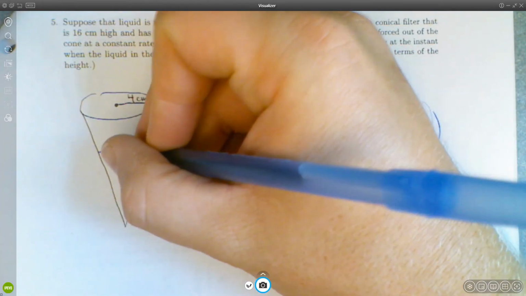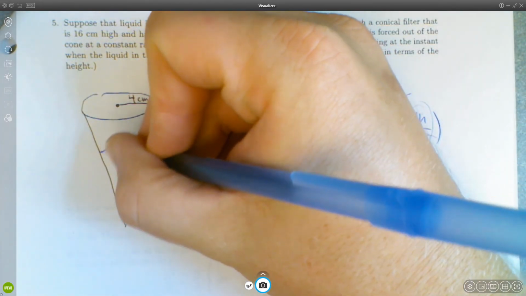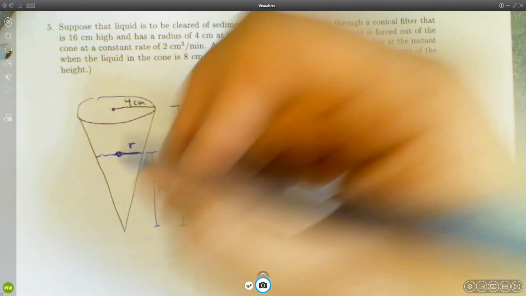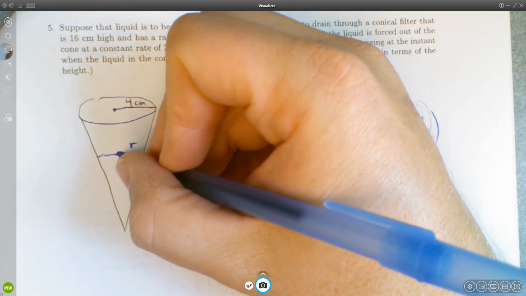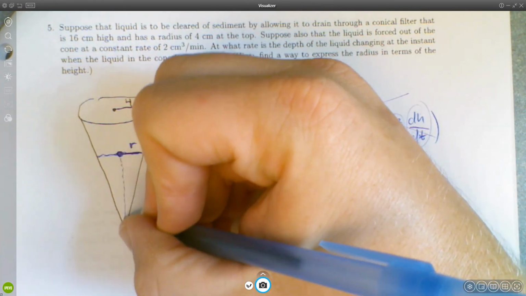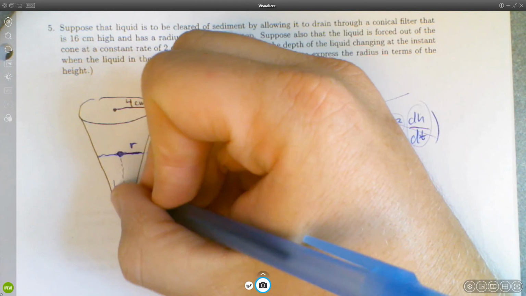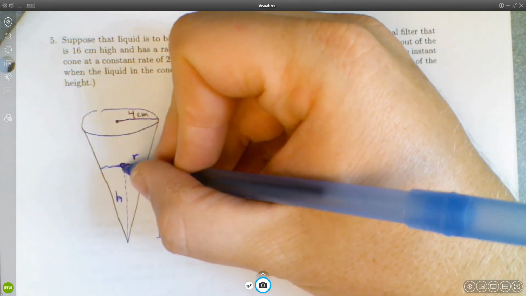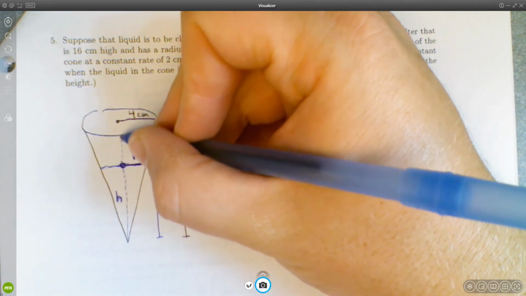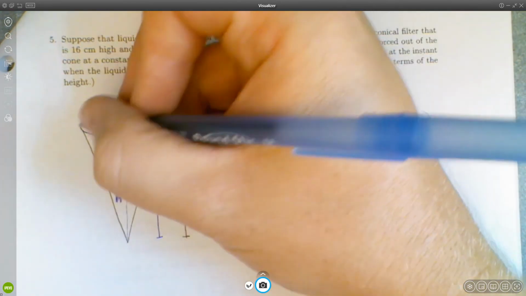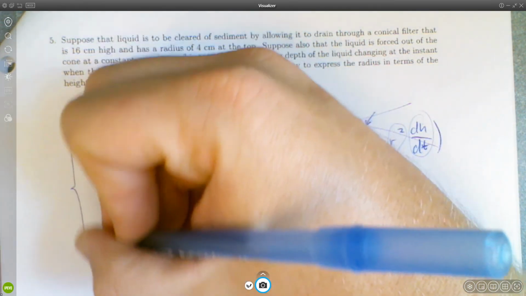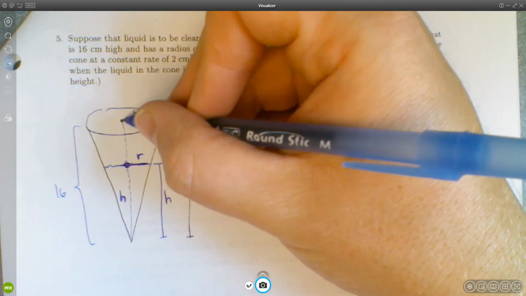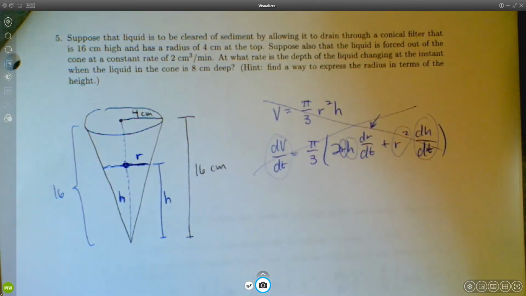We'll call this the radius r, and from this point down to the center of the cone, that's what we call the height h. If we continue this line up, then from here down to the bottom of the cone is 16, right? So this length is 16, and this radius is 4.